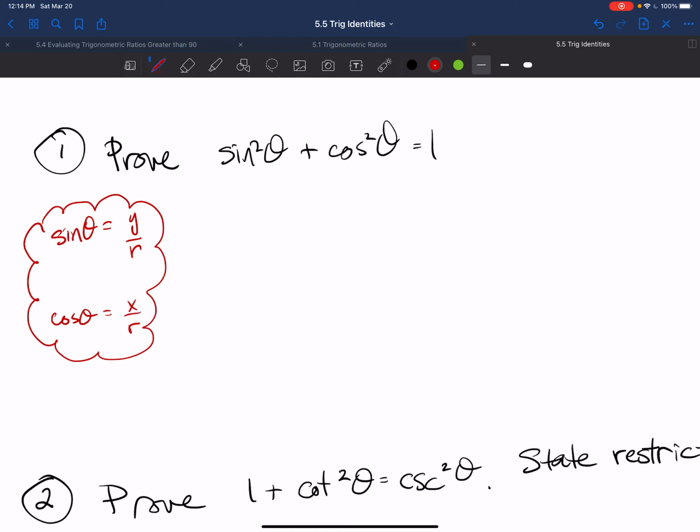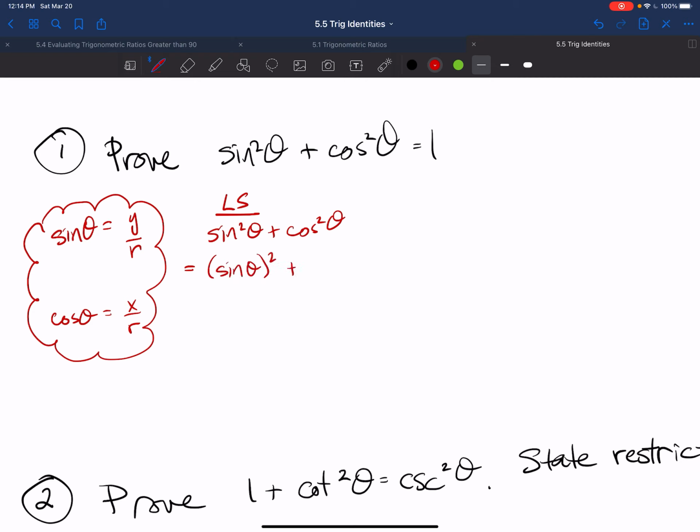We can substitute things in. So sine squared theta means we can take sine theta and square it. I'm going to write this out the long way, and I'm working on the left side. So I'm going to state I'm working on the left side, and I'm going to rewrite that. I wouldn't do this step normally, but I just want to make sure you understand.